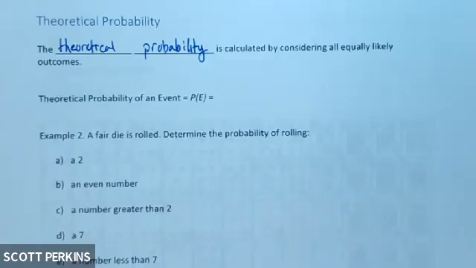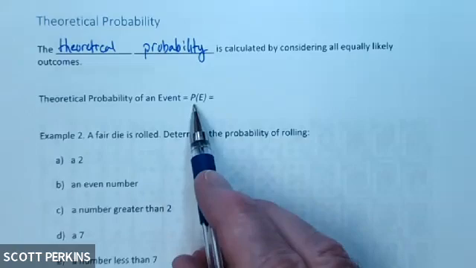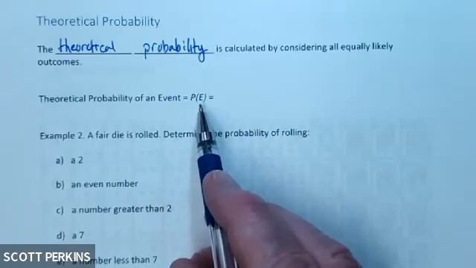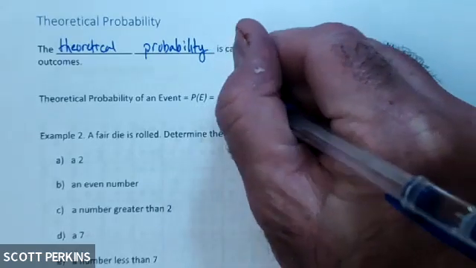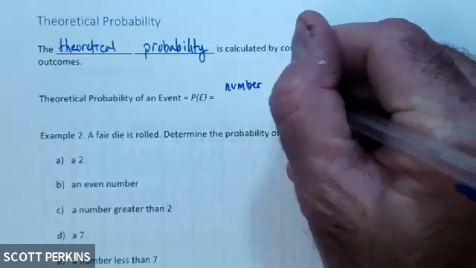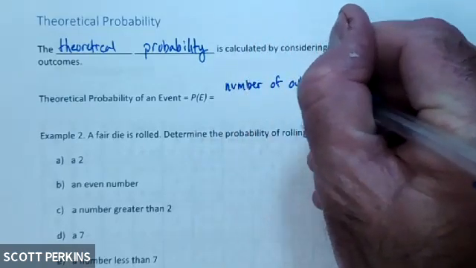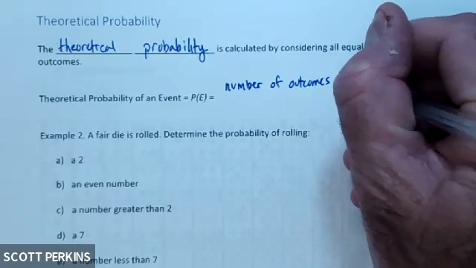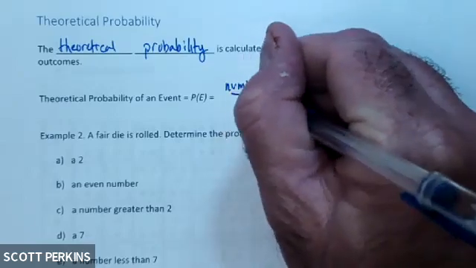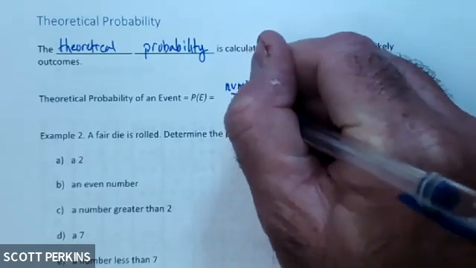So the theoretical probability of an event, again, the notation's the same. The probability of an event is the number of outcomes in your event E divided by the total number of outcomes.